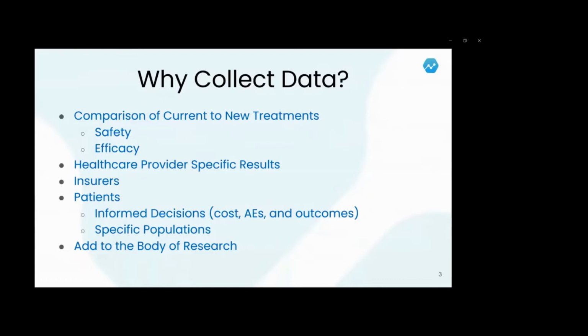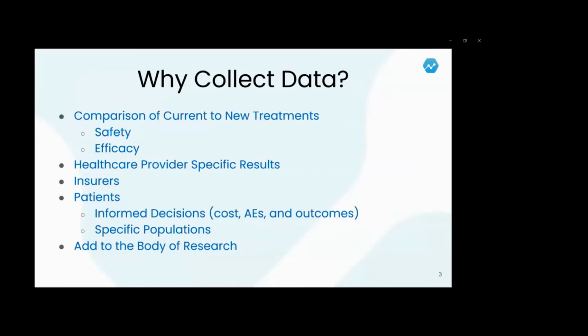And probably most importantly, patients should know and want to know these things so that they can have information for informed decisions, including things such as cost that traditional physicians don't talk much about, true adverse events, and outcomes, or the expected post-procedure, post-treatment course.